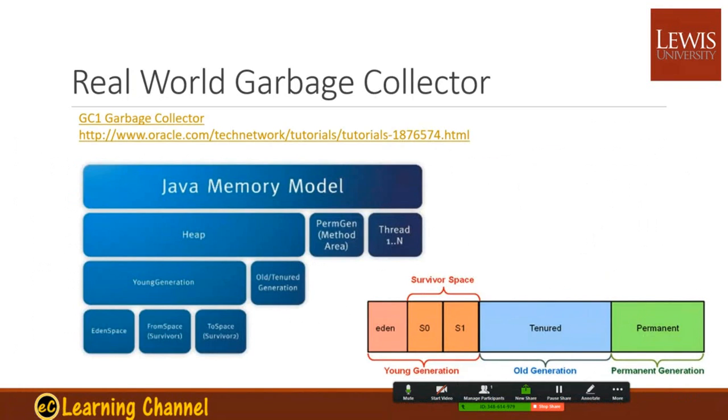So in a real-world garbage collector, we have the Java memory model that has a heap, and that heap also has information such as tenured or permanent, and some of your heap has valid and invalid data.